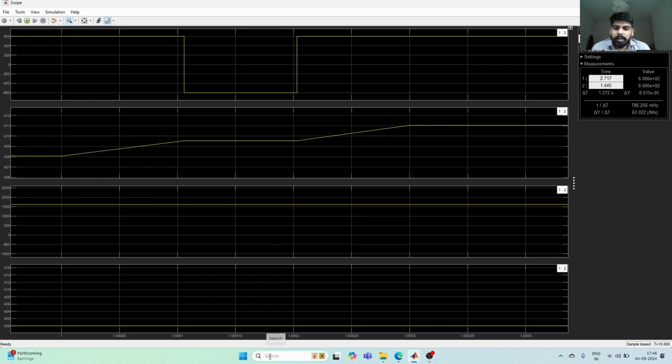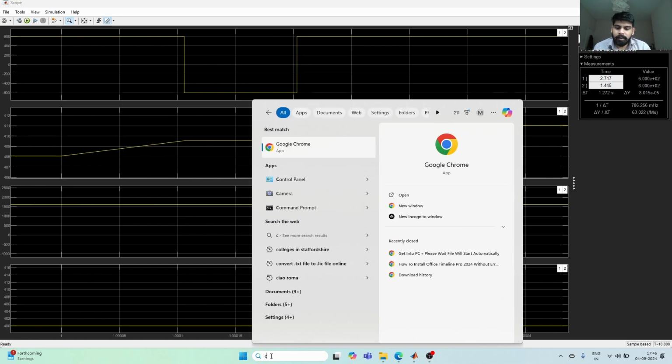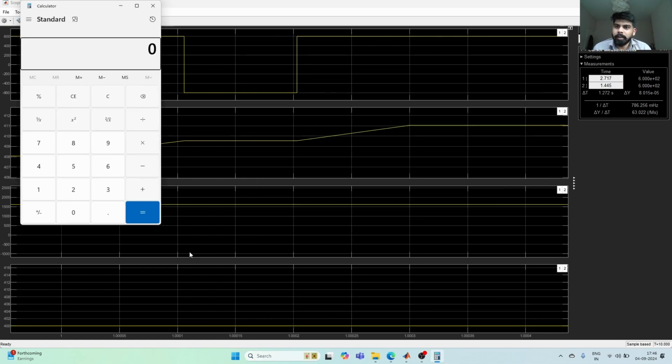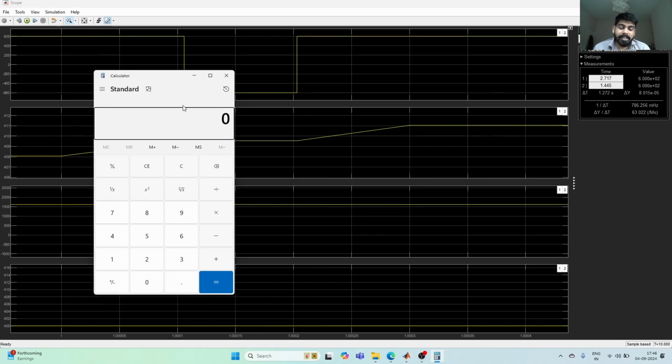How it came out to be is, for 0.685 m, we were getting the terminal voltage as 411, which we can also see from here. Let's say the Vdc by 2 was 600, right? And we multiply it with 0.685. That's it. That's the formula that they have derived from the various graphs.